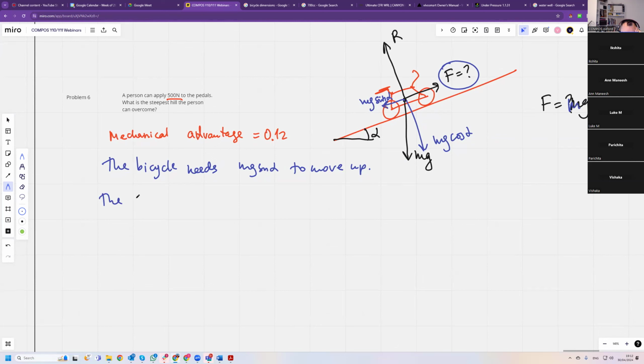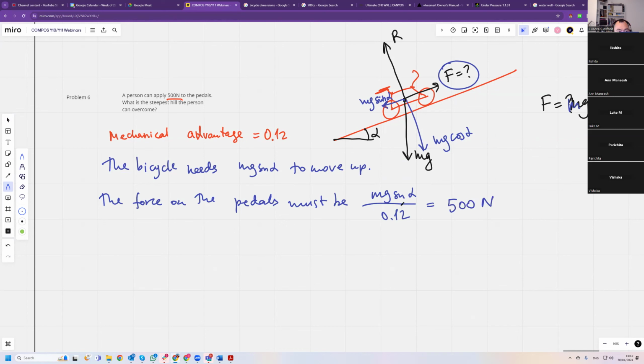The force on the pedals must be mg sine alpha divided by 0.12. Because you're winning speed, that means you're losing force. That means you need more force. But the maximum force that you can apply is 500 newtons.